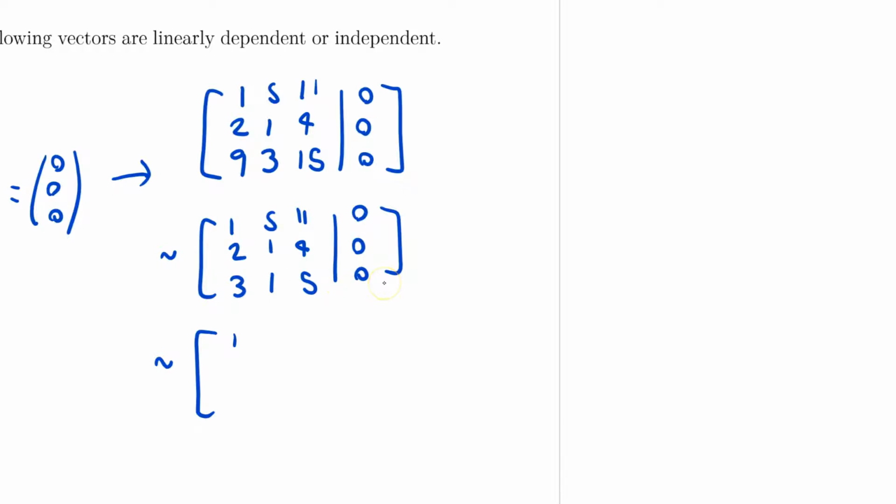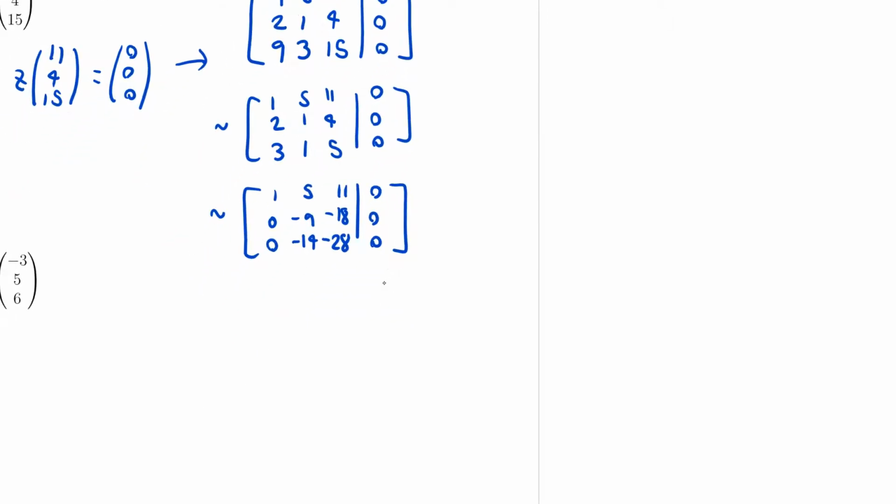So I'm going to get 1, 5, 11, and then 0, negative 9, negative 18, and then 0, negative 14, negative 28, and my right hand side would just remain 0. Now then I can divide the second row and the third row by negative 9 and negative 14 respectively, and I'm going to get 0, 1, 2 here and 0, 1, 2 here.